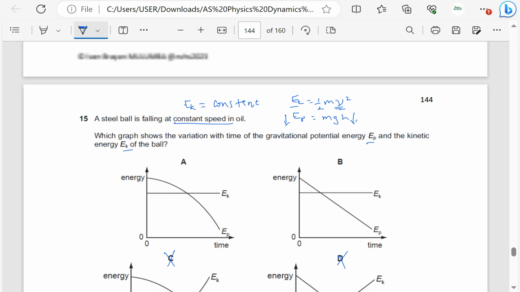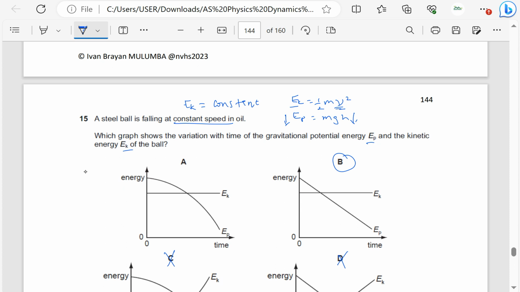If the ball is falling at a constant speed, then h decreases by equal amounts. H will decrease uniformly, so the answer is going to be B. But if it was falling with a decreasing speed, then it will not be a straight line.